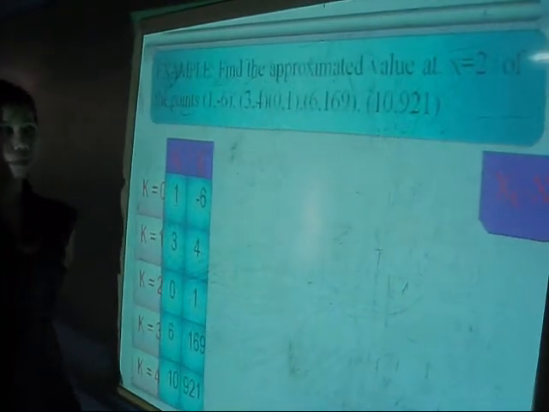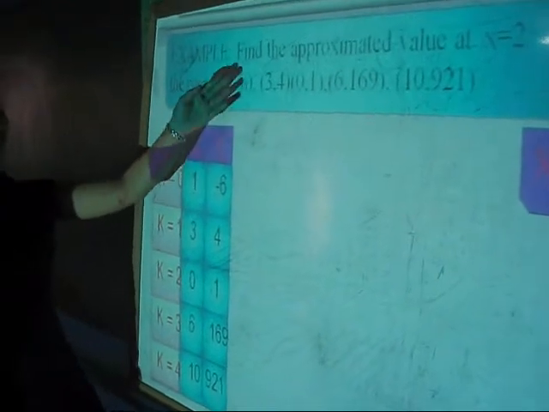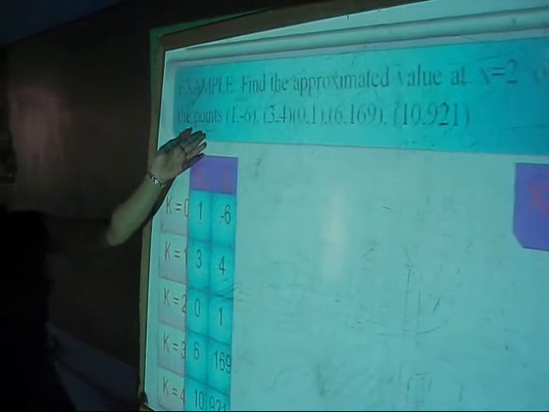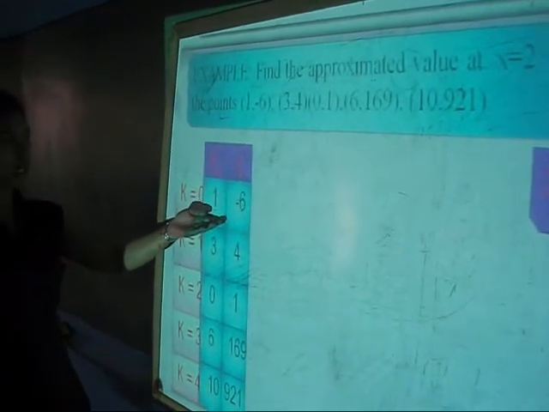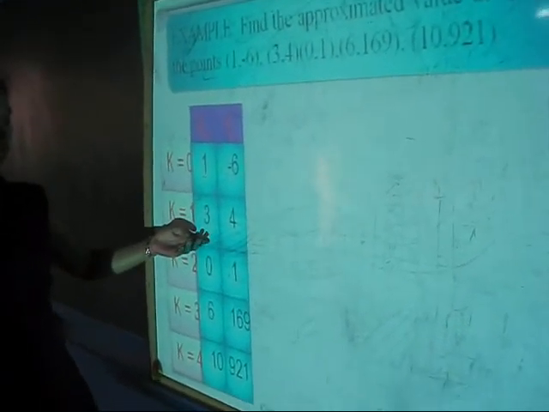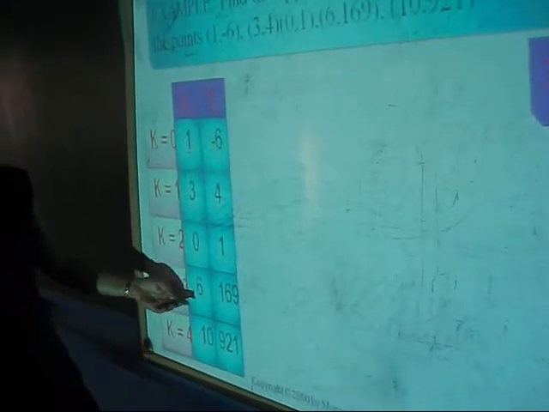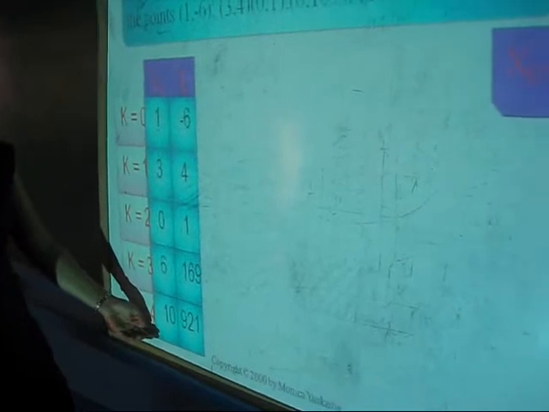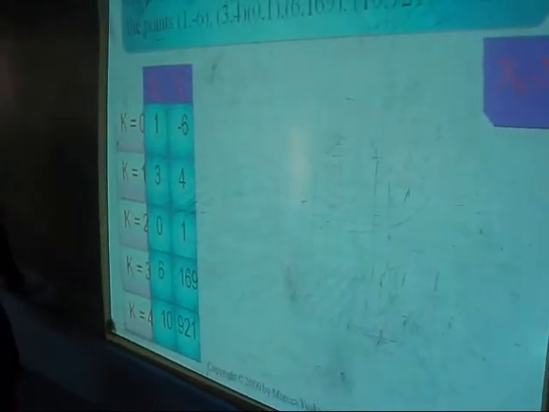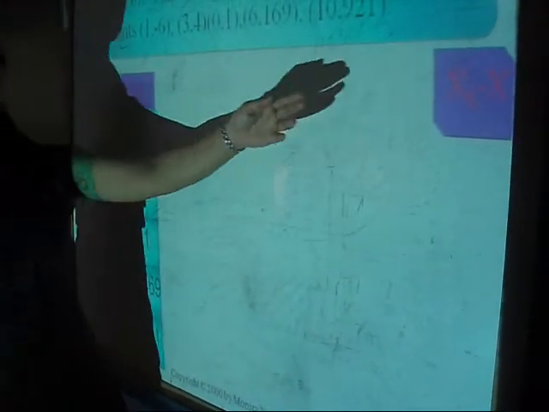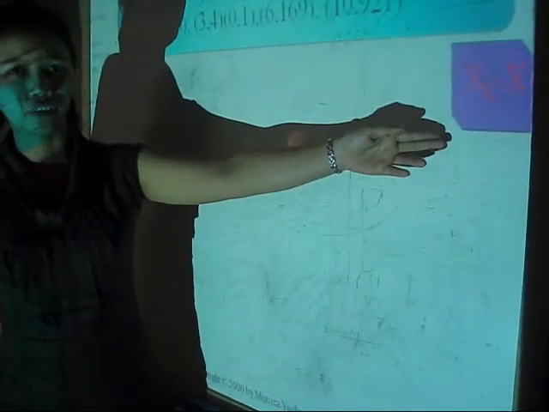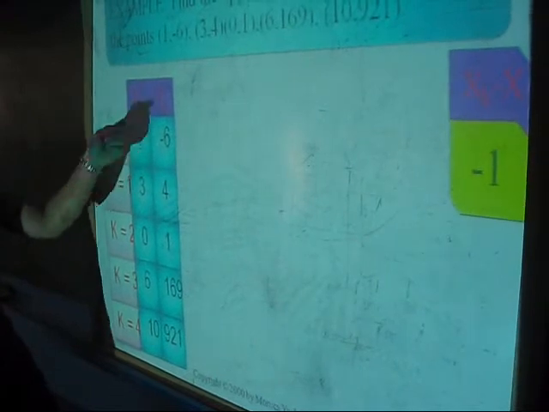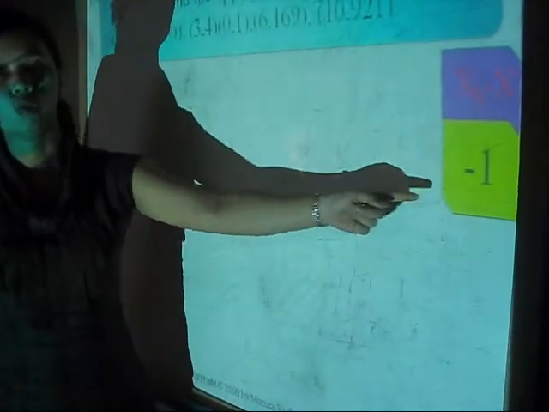Let's have an example wherein we have to find the approximated value at x equal to 2 of the points (1, -6), (3, 4), (0, 1), (6, 169), and (10, 921). Since the first step is to get the difference between x sub k and the given value of x, we have 1 minus 2 is equal to -1.